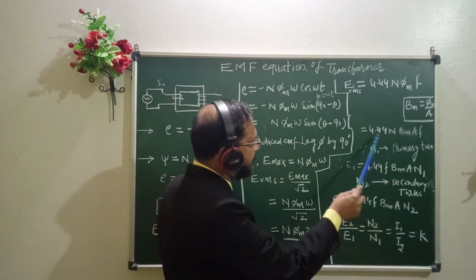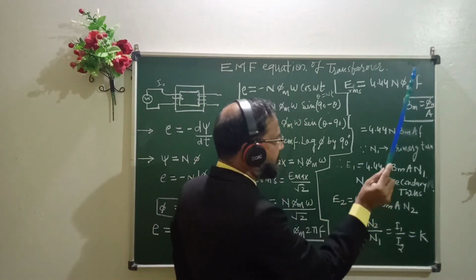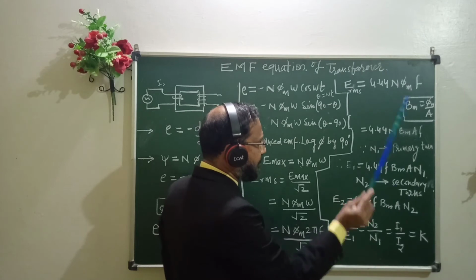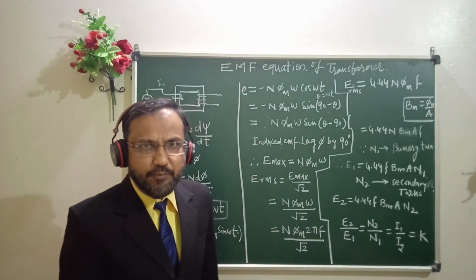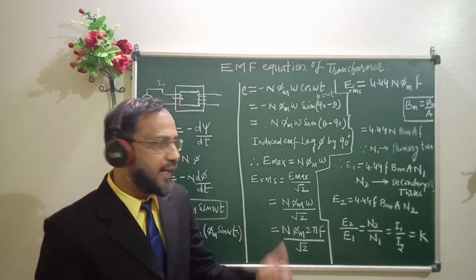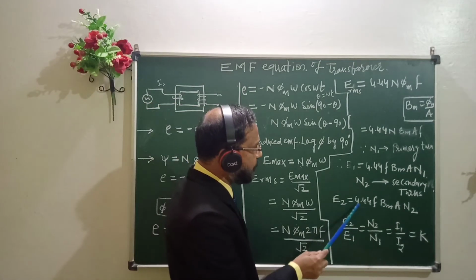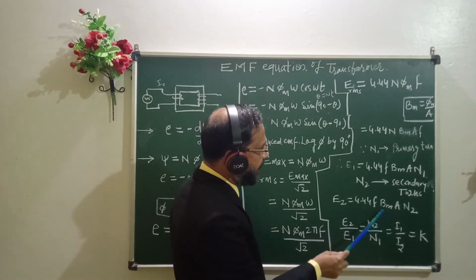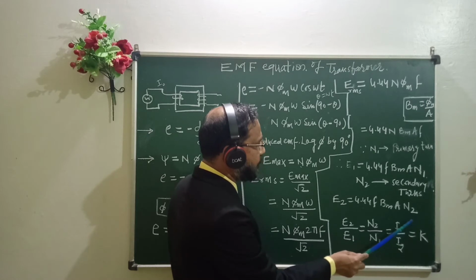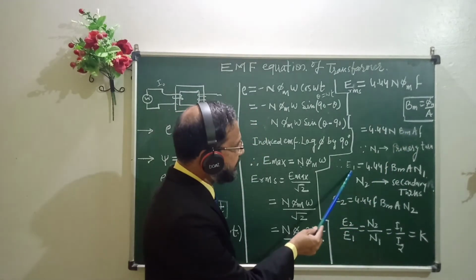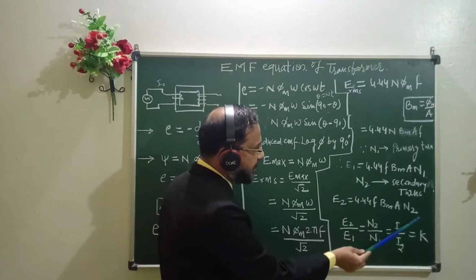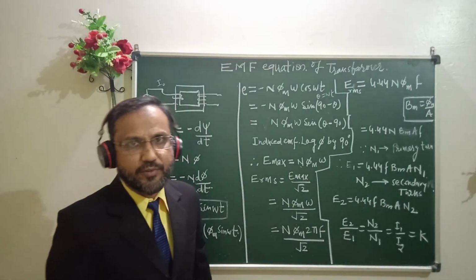Now, in the same equation, if I replace N by N2, then this becomes the induced EMF in the secondary winding. So E2 equals 4.44 f Bm into A into N2. We have done nothing more than replace E1 with E2 and N1 with N2.